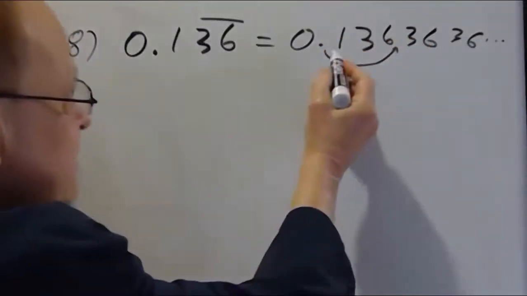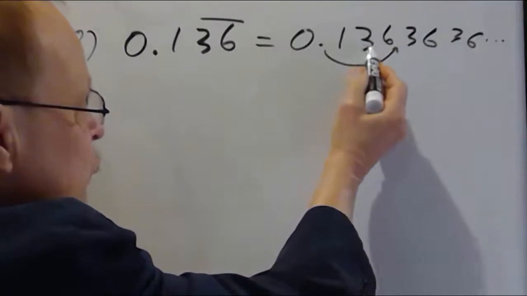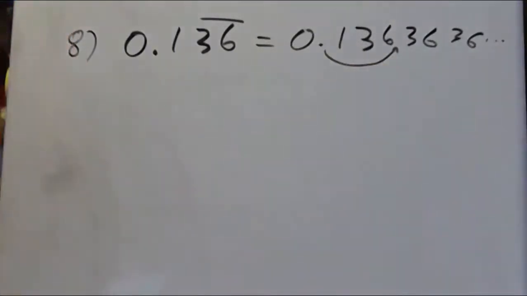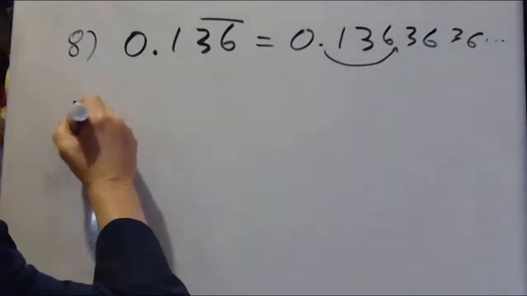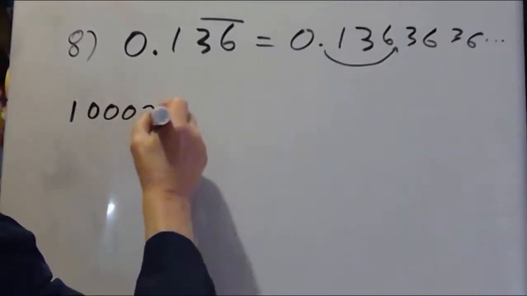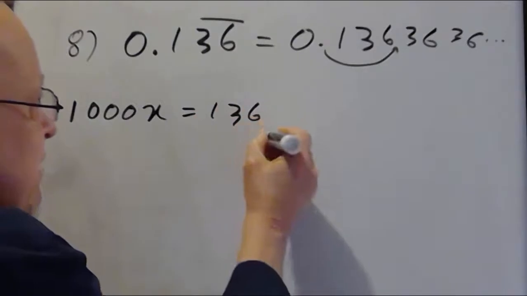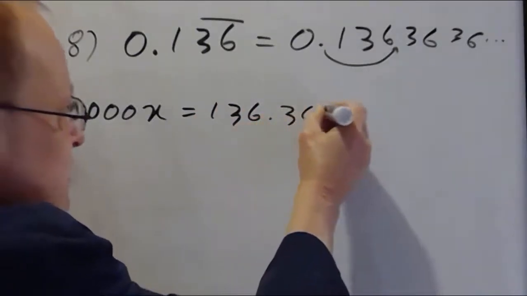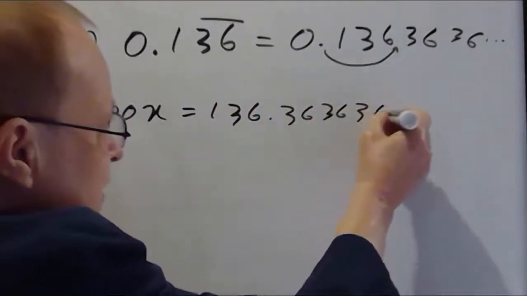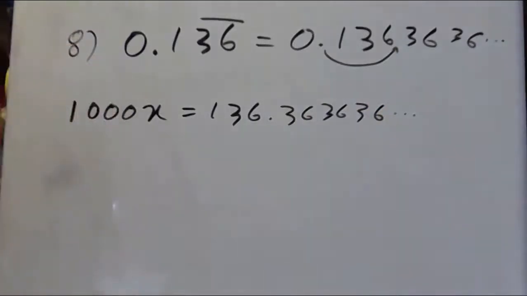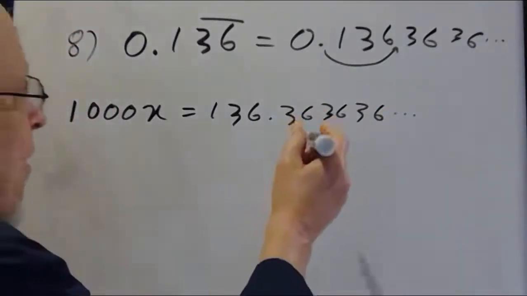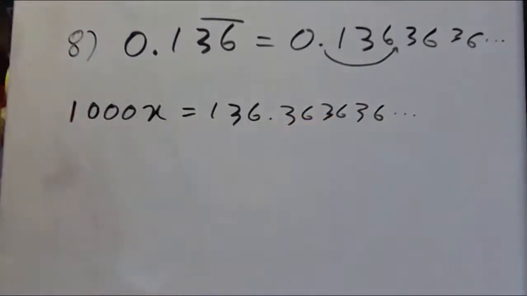And we look at it, so we have the tenths, the hundredths, and the thousandths place. So that means we're going to have to multiply this by 1000x. That'll give me 136.363636.